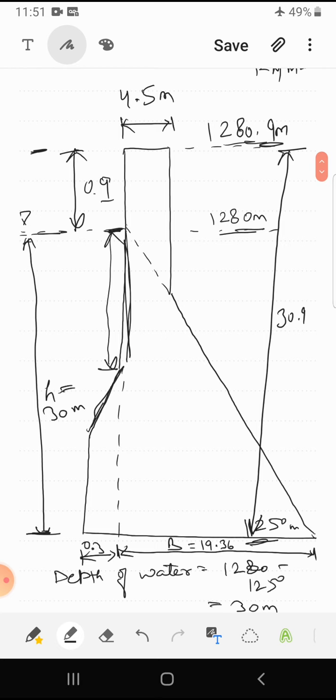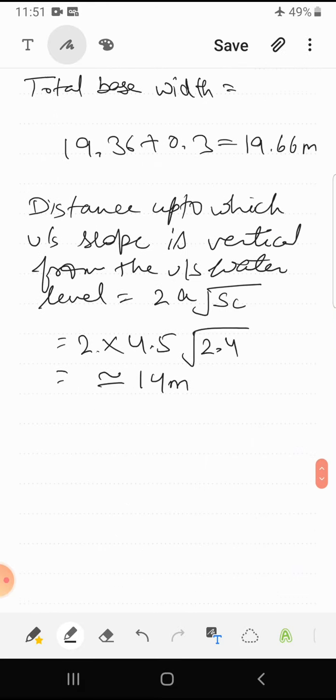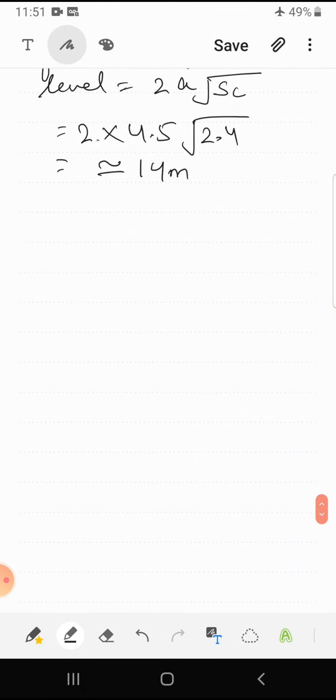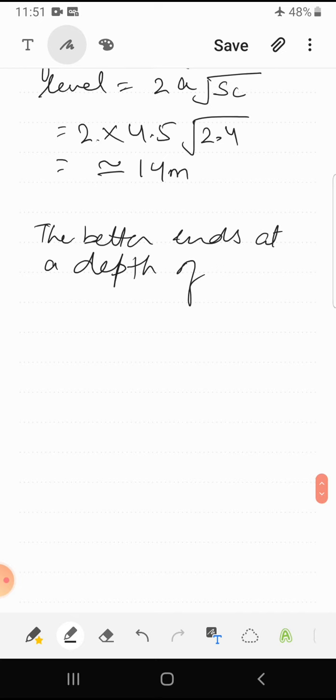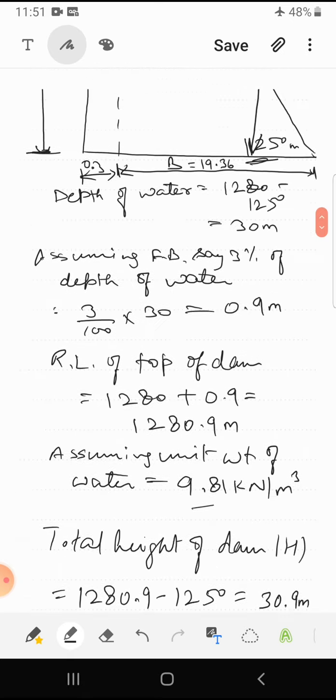This inclined part is called the batter. So the batter will start 14 meters below the upstream water level. From here it will start, from here it will be formed. Now calculating where the batter ends: the batter ends at a depth of 3.1 a under root SC below the upstream water level, that is high flood level.